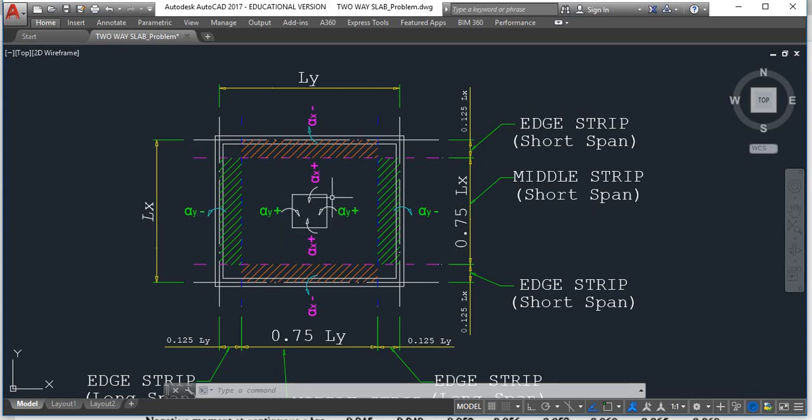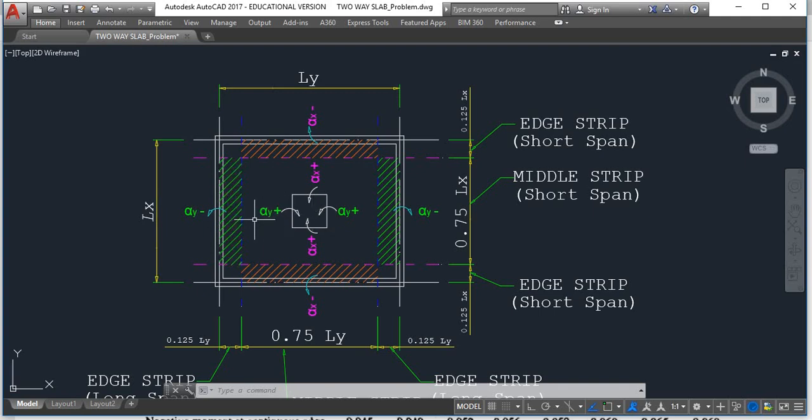Now when this small finite element of the slab panel bends in a sagging manner, the bending of the long span in a sagging manner will induce a negative bending moment at the shorter span. This is consistent with any structural analysis course wherein you might have done a continuous beam.